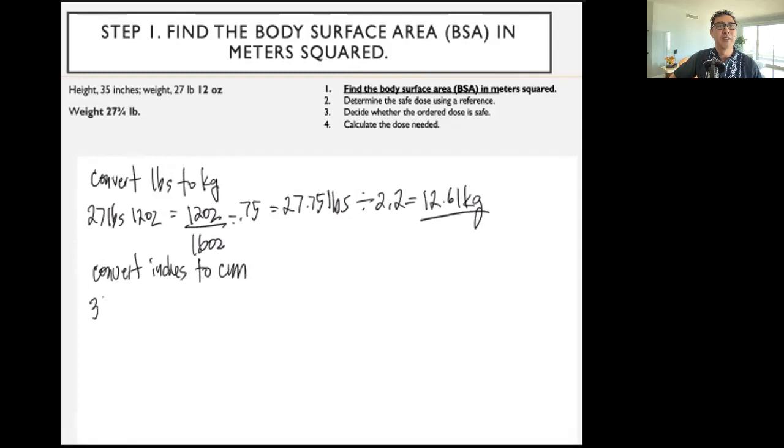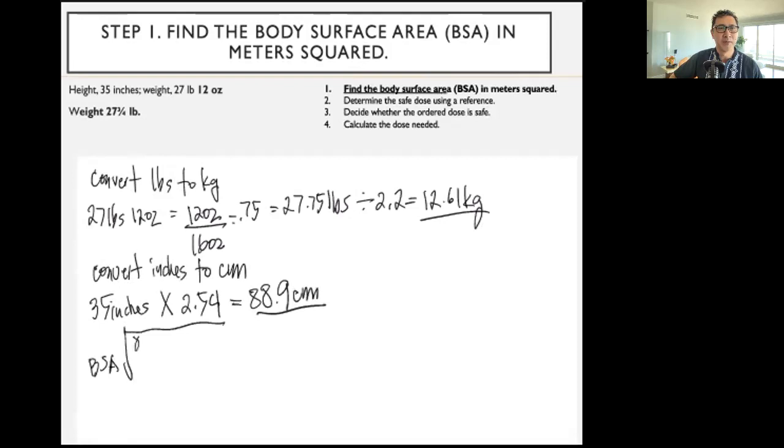Next, I have to convert my inches to centimeters. 35 inches times 2.54 will give me 88.9 centimeters. All right, I'm not done. I've got to get my body surface area from here.